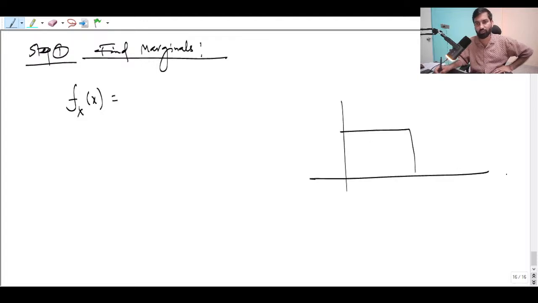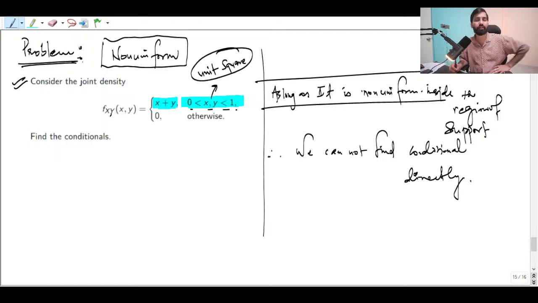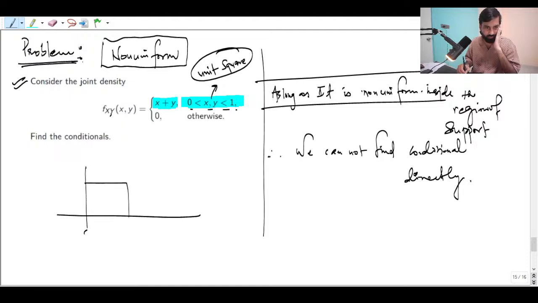The region of support is the unit square, x comma y from 0 to 1. I can plot it here as well, 0 to 1.